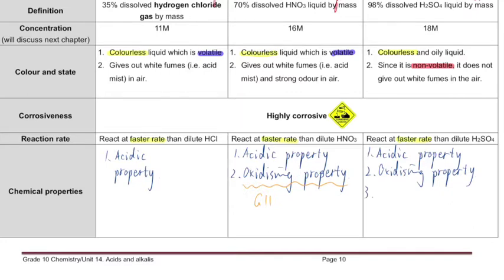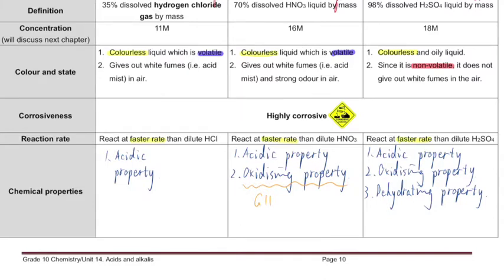And lastly, a very important property you need to remember for this unit is that it has dehydrating property. Dehydrating property means it can absorb water, so it can take away water from other substances.